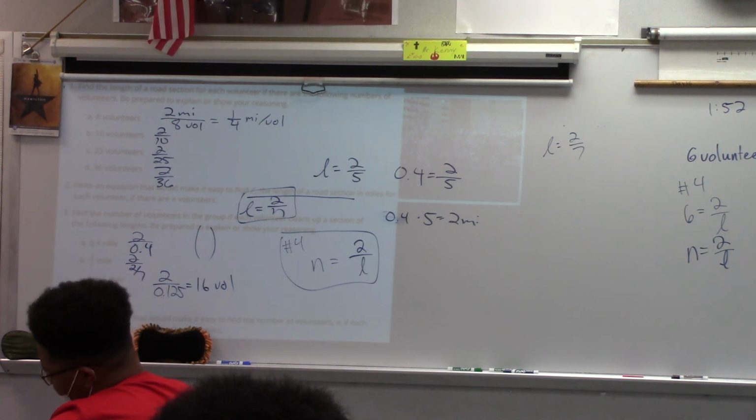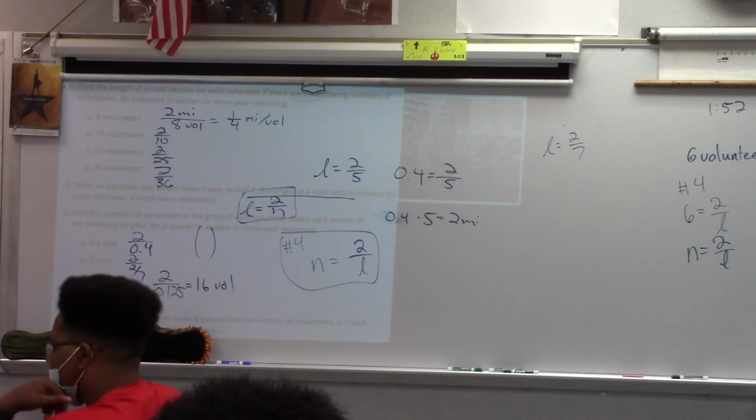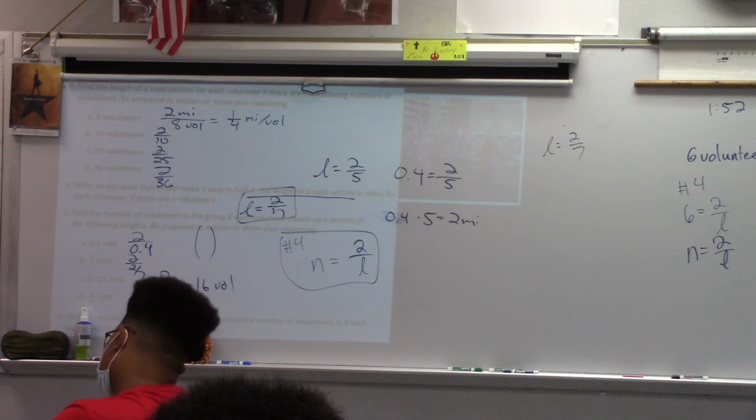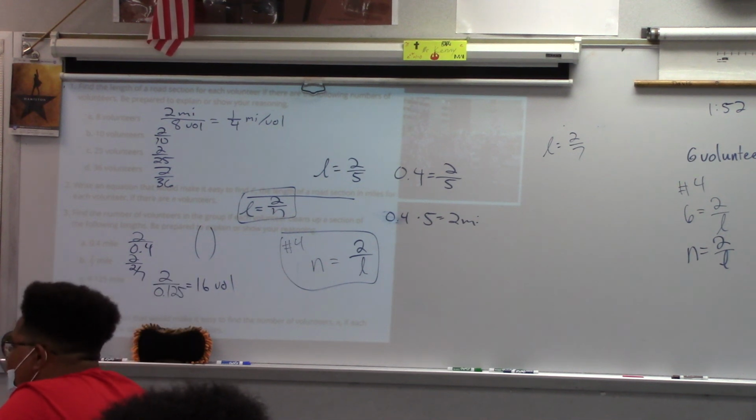Number 4 said N is equal to 2 divided by L. Number 2 said L is equal to 2 divided by N. Is that the number of volunteers or is that the length they each have to clean up? That's the length. What do I want to know? The number of volunteers. So number 4. See how that's telling me the number of volunteers?